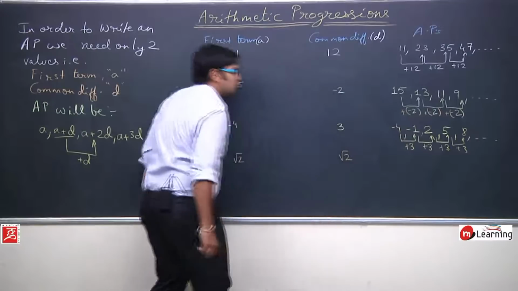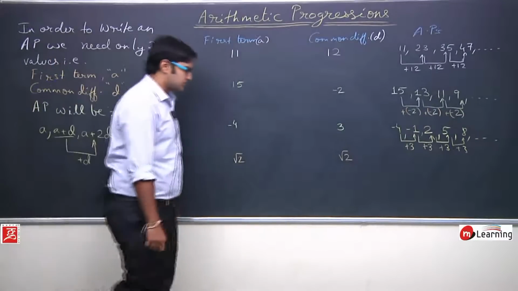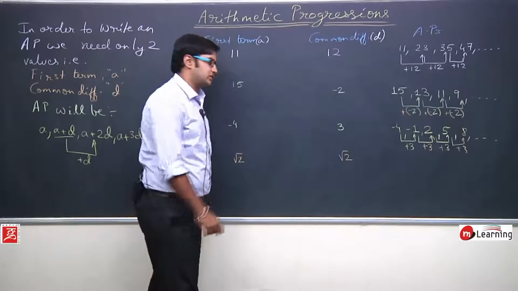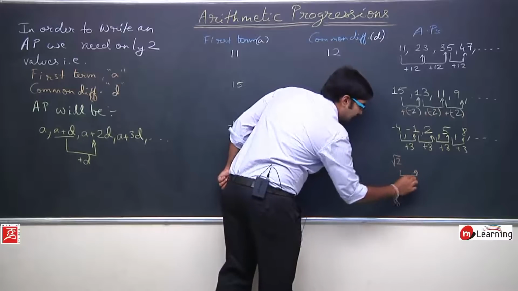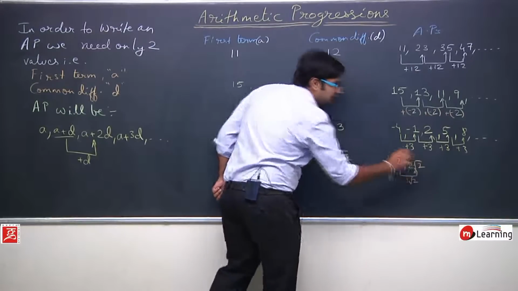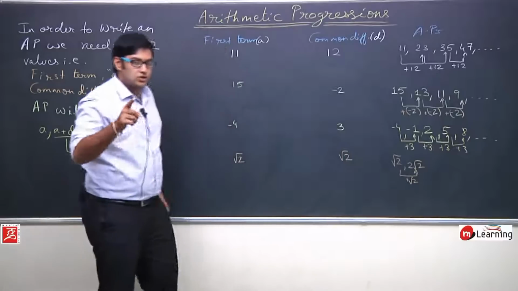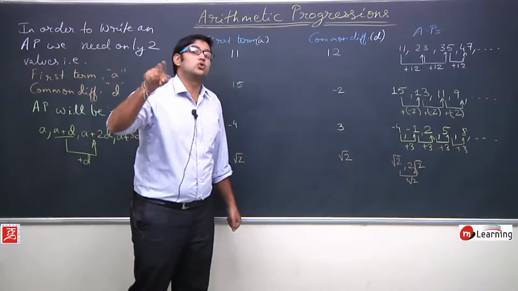So A is root 2, and if let us say common difference is also root 2, then what will be my arithmetic progression? The first term is root 2. Then you will add root 2 to this root 2, you will get 2 root 2. Okay, you will not get 2. Remember this, root 2 into root 2 is 2, but root 2 plus root 2 will give you 2 root 2.